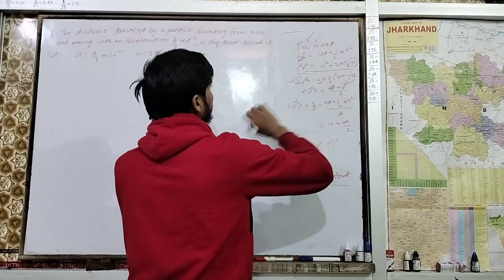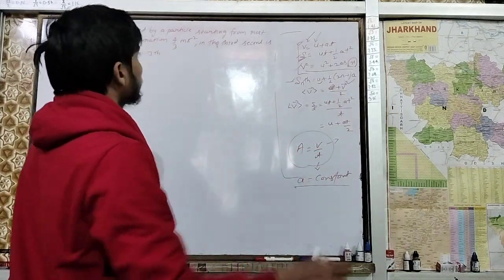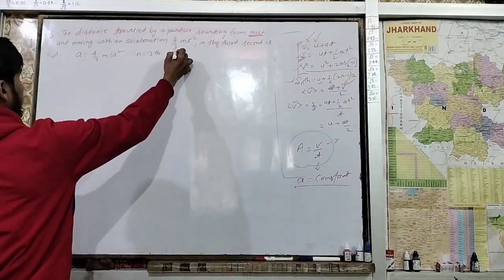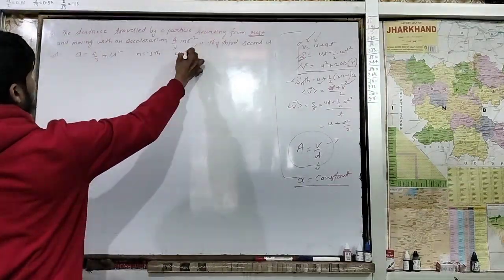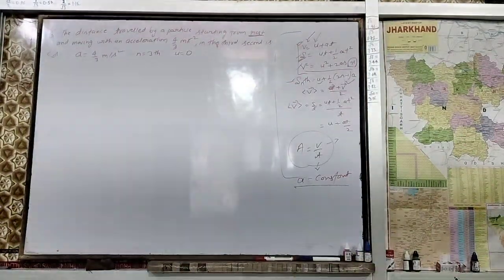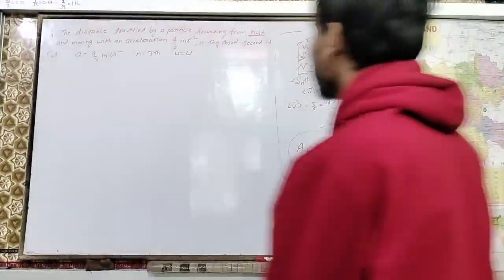But what about u? It is talking about rest. From rest, so u will be 0. Rest means 0. There is no motion, which means u is 0.